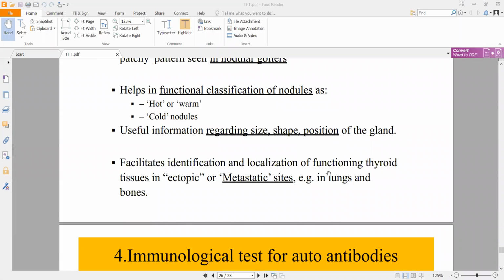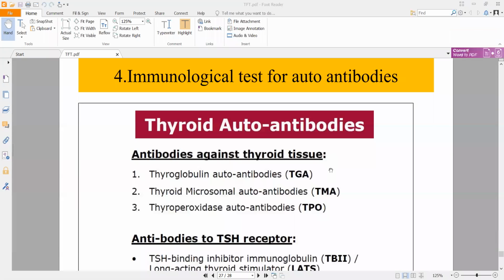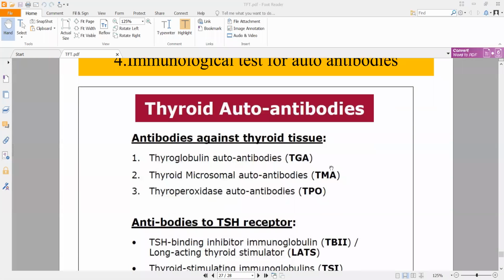All right. Then there are a few immunological tests for antibodies. You will do a thyroglobulin test, a microsomal test, and a peroxidase test. In all of these you are trying to find antibodies to thyroid tissue. So if someone has hypothyroidism, you are trying to measure whether it is autoimmune, meaning their own antibodies are killing their own cells.